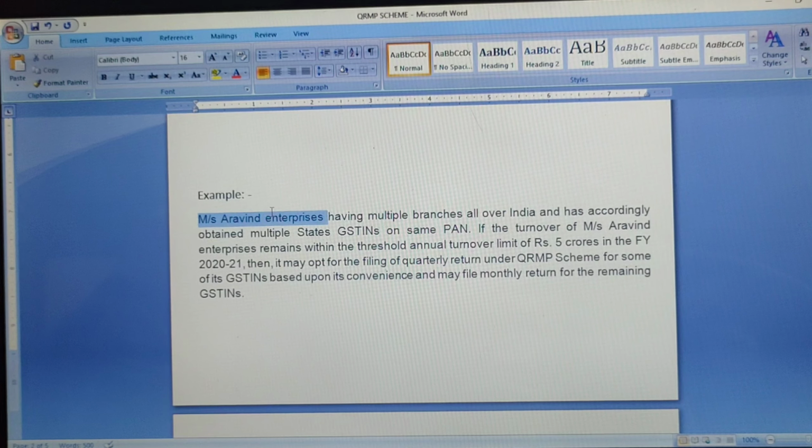Suppose Mrs. Arvind Enterprises, having multiple branches all over India, has accordingly obtained multiple states' GSTs on the same PAN number. If the turnover of Mrs. Arvind Enterprises remains within the threshold limit of 5 crores, this is very important, in financial year 2021, then it may opt for filing quarterly returns under the QRMP scheme for some of its GST numbers based upon its convenience and may file monthly returns for the remaining GST numbers.